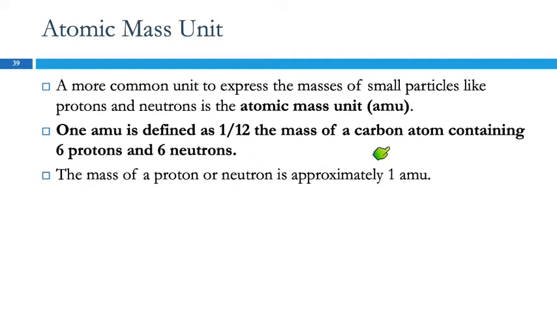Most carbon atoms have 6 protons and 6 neutrons. Carbon is very stable, very common and easy to get a hold of, so they said, okay, that carbon atom weighs 12 atomic mass units, so 1/12 of that is 1 atomic mass unit. That makes the proton or the neutron approximately 1 atomic mass unit, and that's as precise as we need to go. Protons and neutrons, 1 atomic mass unit.